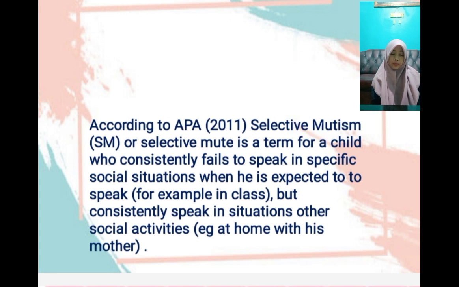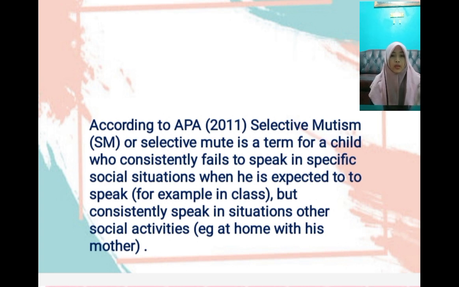Next, selective mutism or selective mute is a term for a child who consistently fails to speak in specific social situations when he is expected to speak, for example, in class, but consistently speaks in other social situations, such as at home with his mother or father.